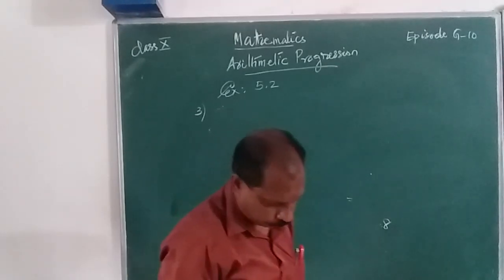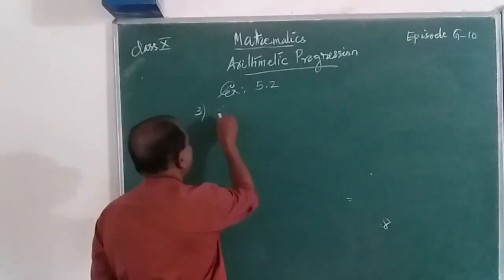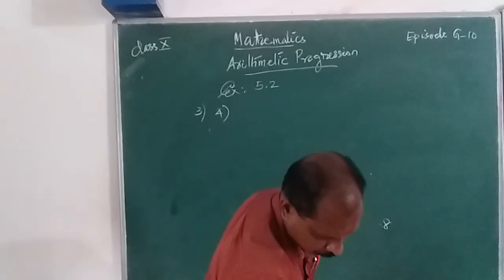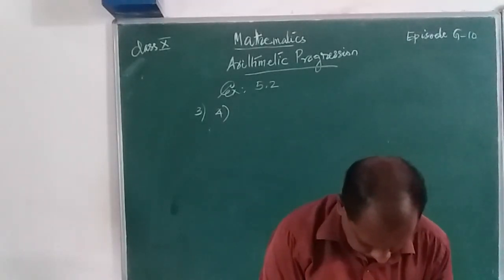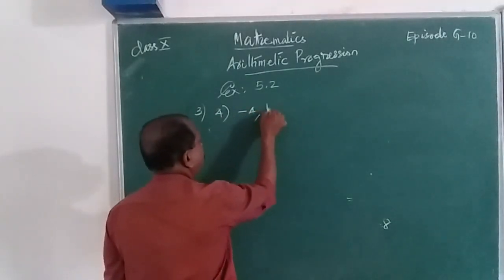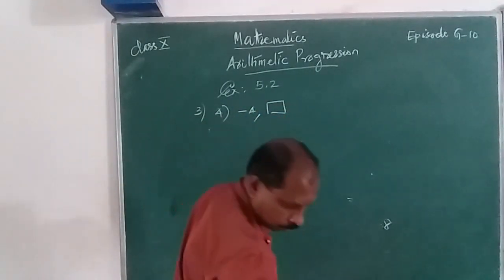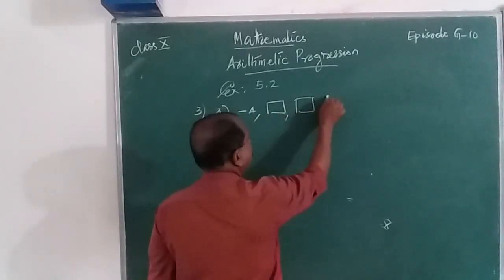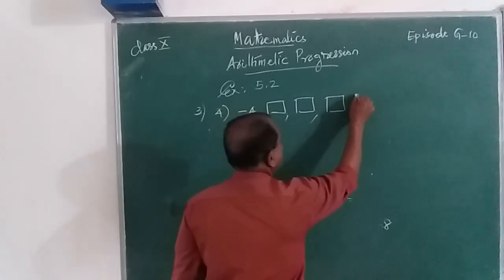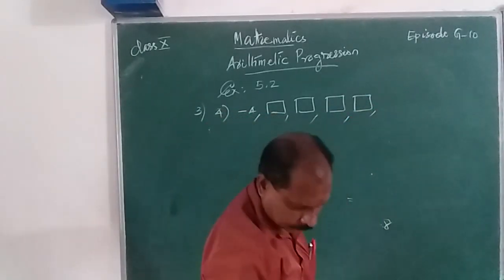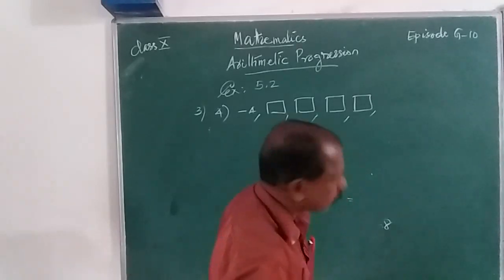Then the fourth question, question number 4. Minus 4, missing terms 1, 2, 3, 4, then the last one, that is 6.